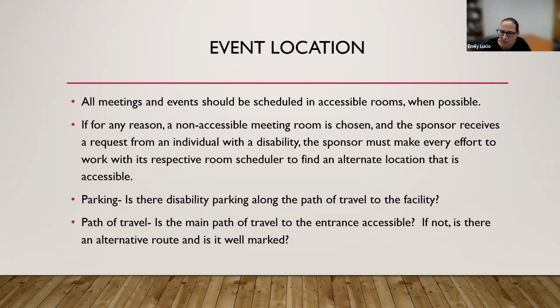You also want to make sure that there's parking nearby along the path of travel to the facility, especially accessible parking, and that the path of travel to the entrance is accessible. Or if not, if there's an alternative route and if it's well marked. And as you know, we have a lot of construction going on around campus, so be aware of that because sometimes there are alternative routes due to construction.